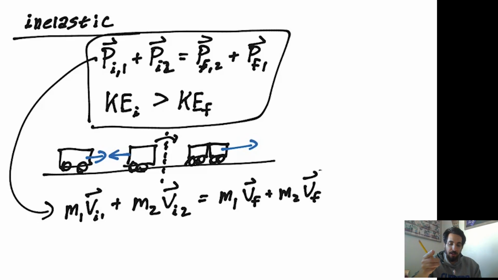Or better yet, I can write out the sum of m1 and m2 times v final. And that gives us our conservation of momentum equation for inelastic collisions.